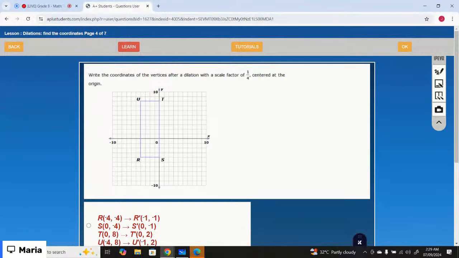Write the coordinates of the vertices after a dilation with a scale factor of 1 by 4 centered at the origin. So which is the correct option?